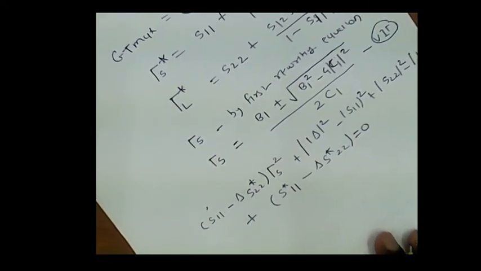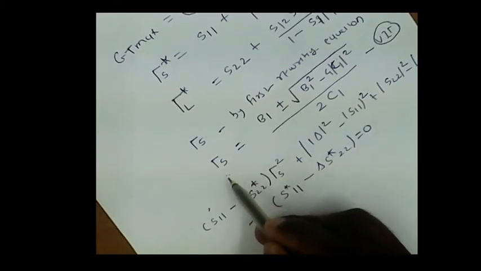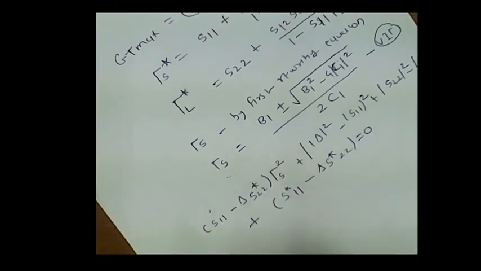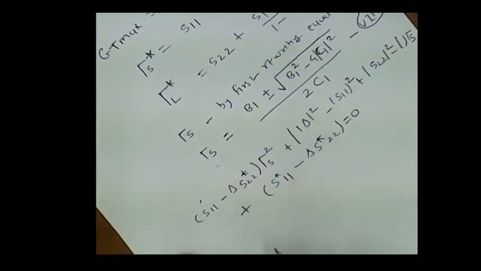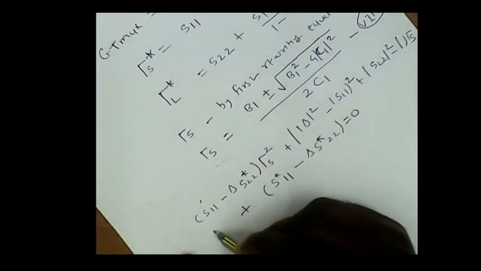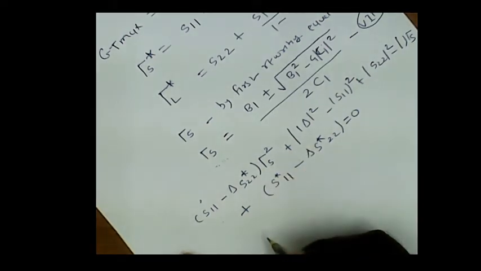Here the solution for gamma S is a very important equation to find the maximum gain. By using this equation we can find the gamma S value, and by solving this quadratic equation, we get the solution.